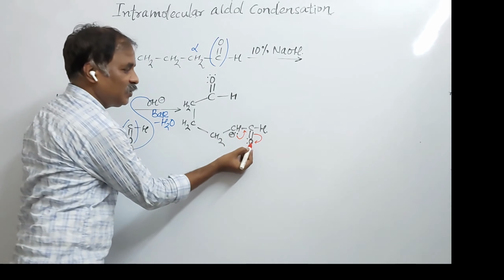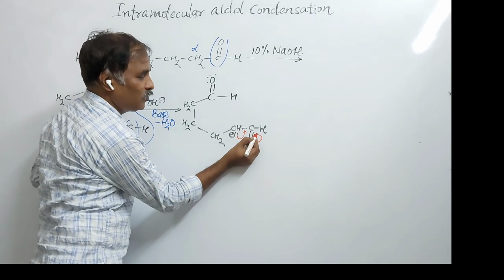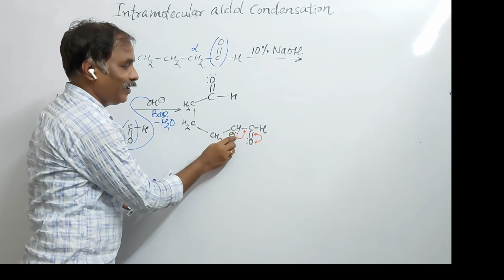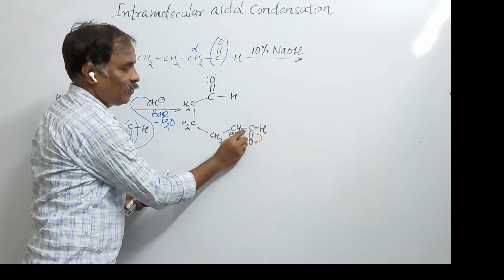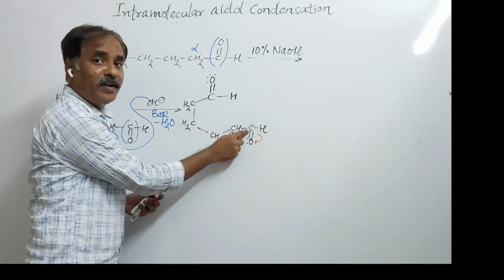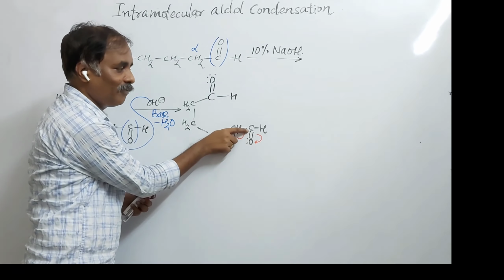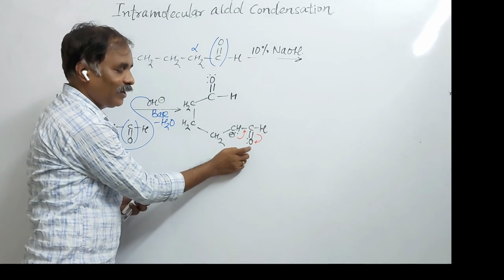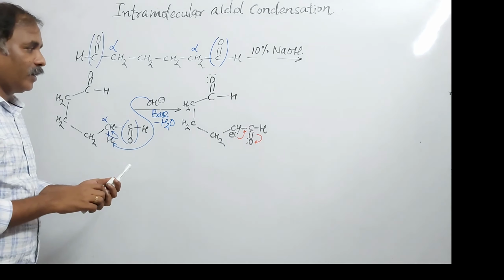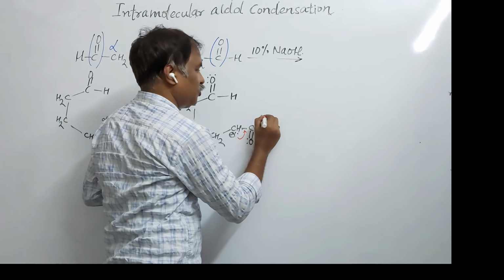Again reshuffling, again shifting of the same electrons, again breaking of the pi bond, and again formation of a carbanion. So it has resonance stabilization. I will show the resonating structure of this. After formation of the double bond, this carbon would be pentavalent with 5 bonds, so the pi bond breaks and the electrons shift towards oxygen.